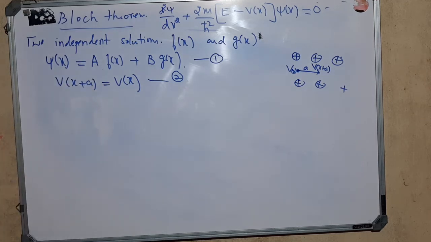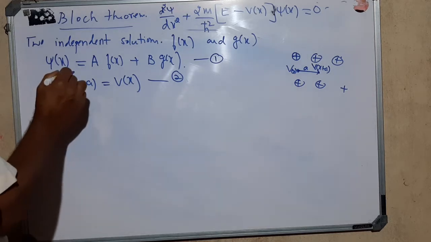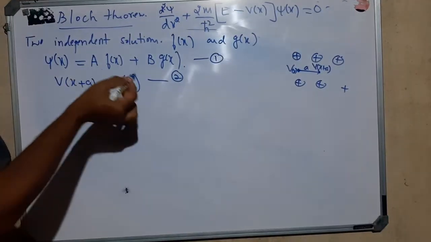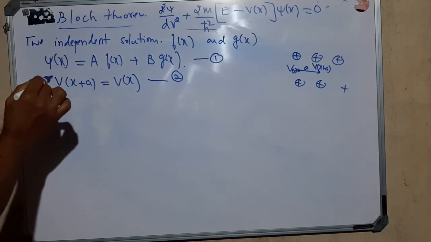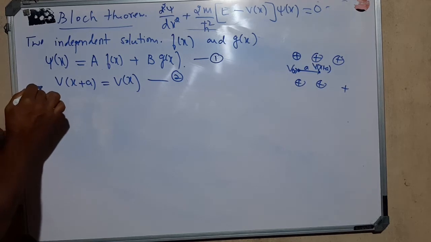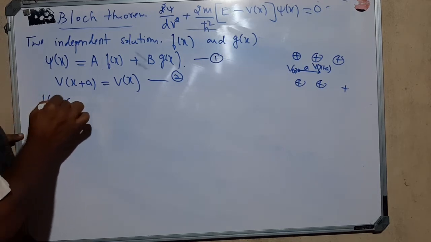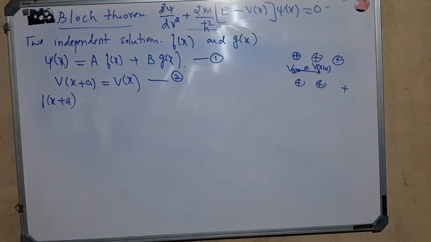So now, if f of x and g of x are the two independent solutions, are these the only solutions to this Schrodinger equation? The answer is no, because V of x plus a is V of x. That means if f of x is one independent solution, then f of x plus a is also a solution.